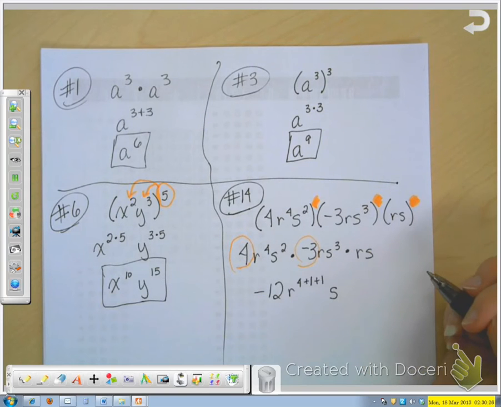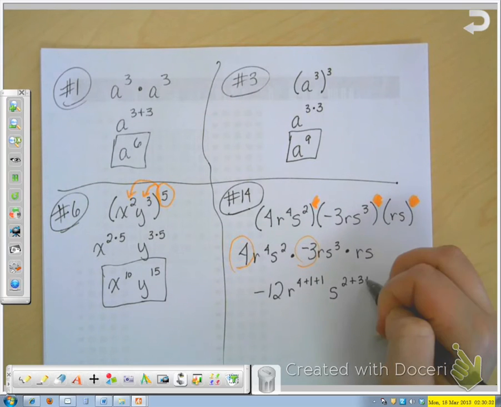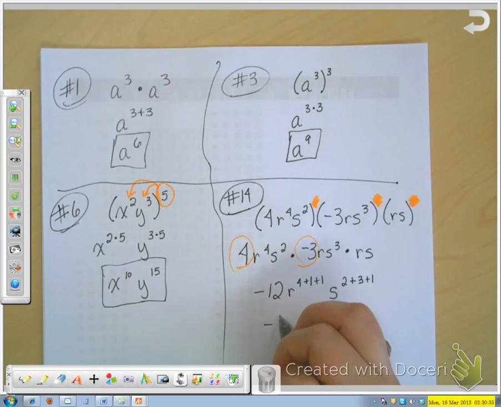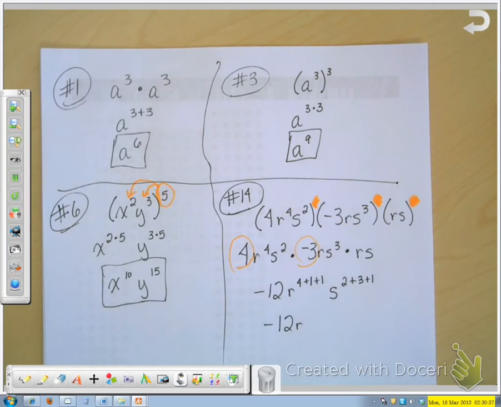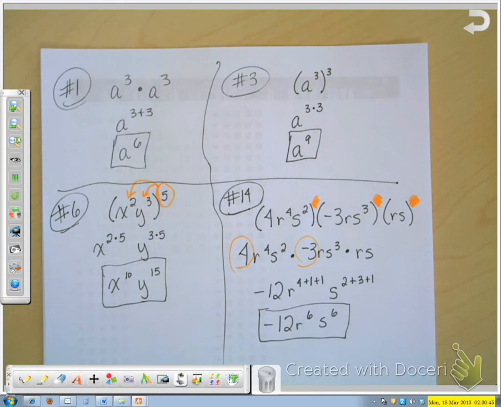Now if I look at my s's, I have a 2nd power, a 3rd power, and then another 1st power. Okay, because remember, if there's no exponent, the power is 1. So my r is to the 6th power, and my s is also to the 6th power. So this is my answer for number 14.